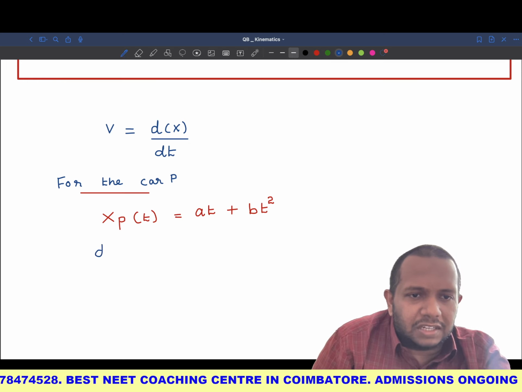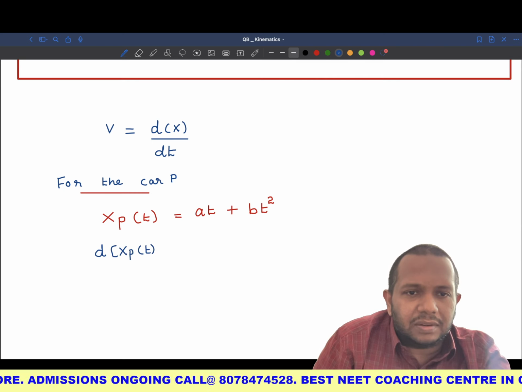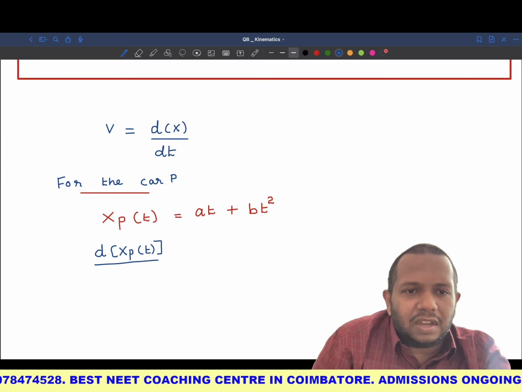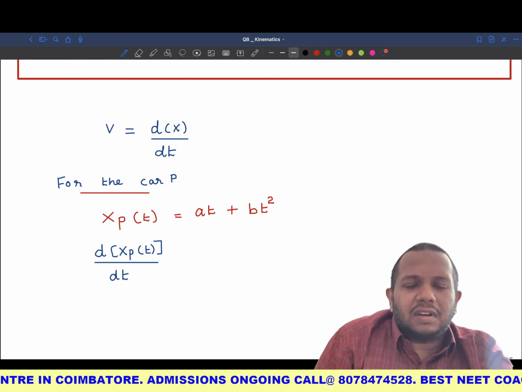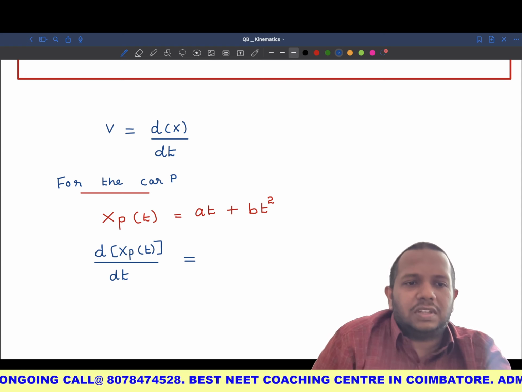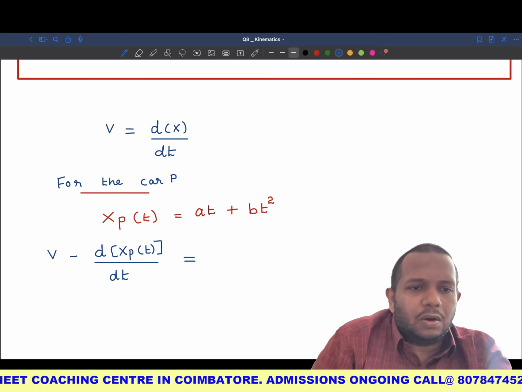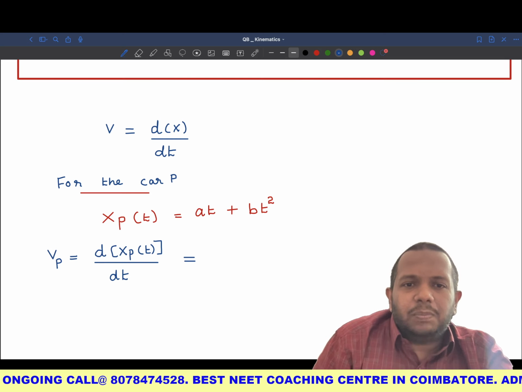So how will you differentiate? dxp, with respect to the time dt we are going to differentiate. So if you differentiate displacement with respect to time, we know that we are going to get velocity. So this will be the equation for velocity. So velocity of the car P will be equal to dxp by dt, that is d by dt of at plus bt square.